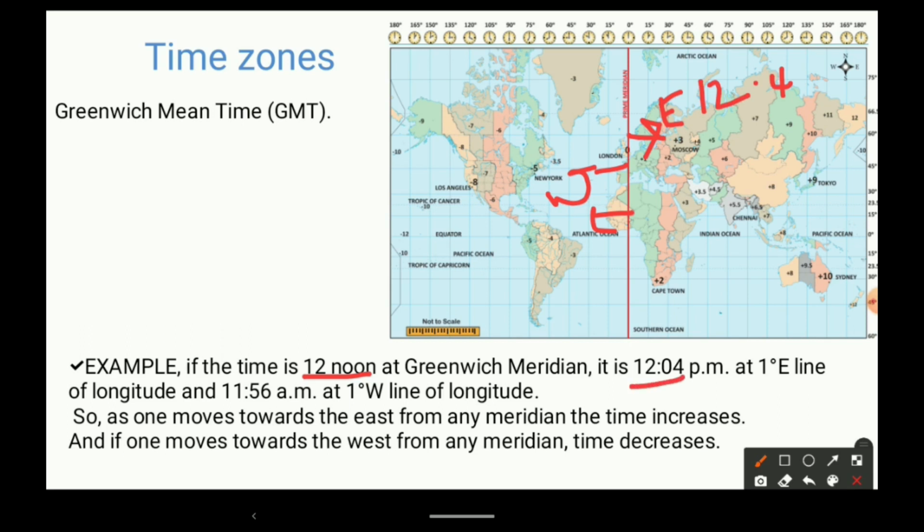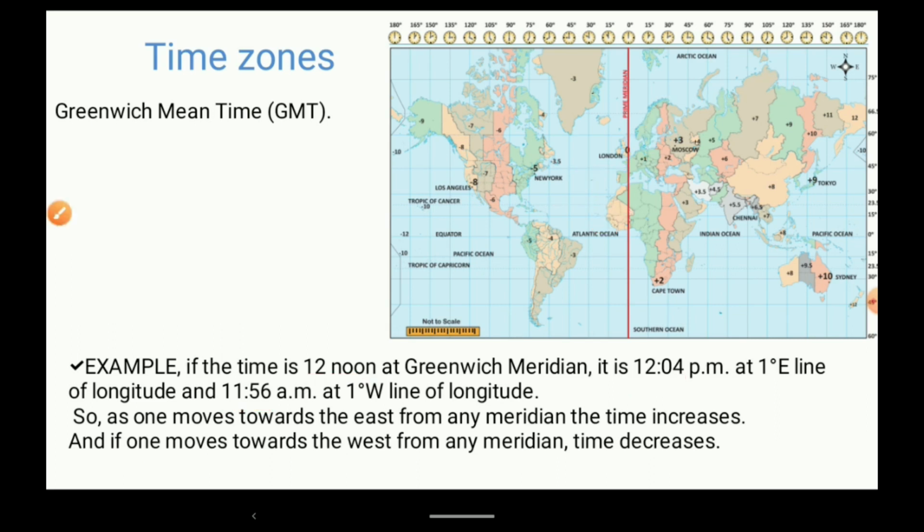The friend on your western side, when you ask the time, will tell you the time there is 11:56 a.m., that is 4 minutes behind you. This is how our time works. This is how we calculate our times.